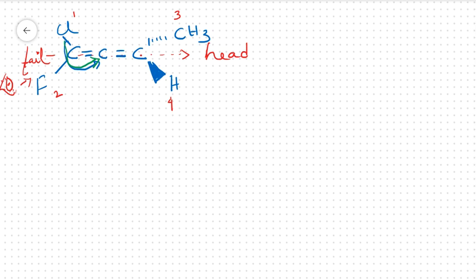So since it is 1, 2 and 3, it should be S, but since hydrogen, the lowest priority group, is in the above, it becomes R. So we have to make it a point like that.